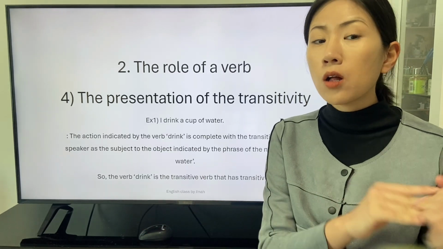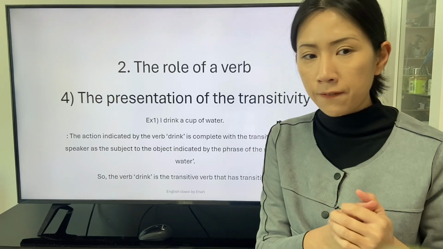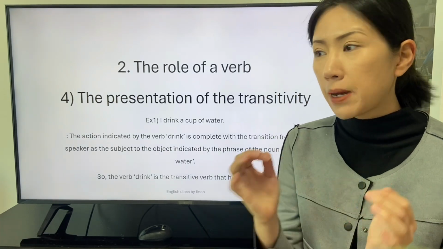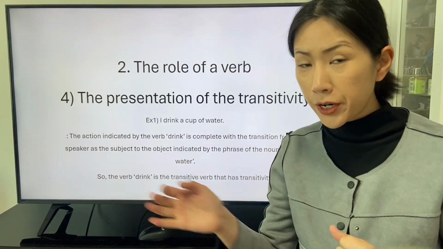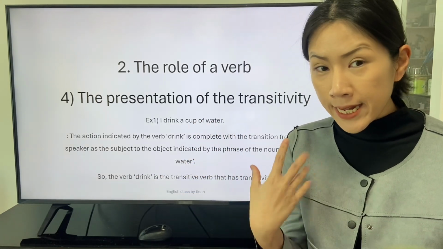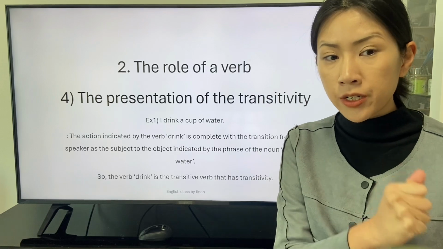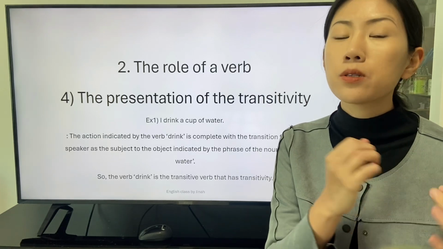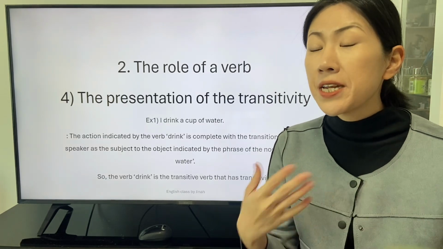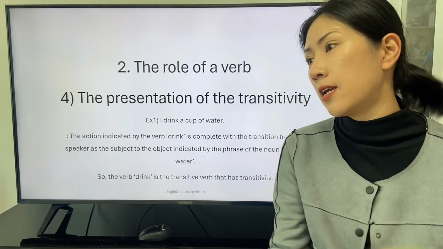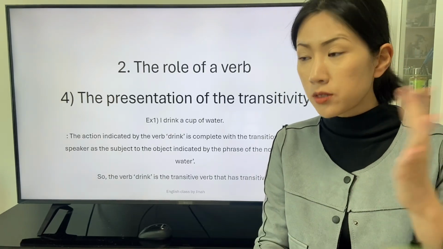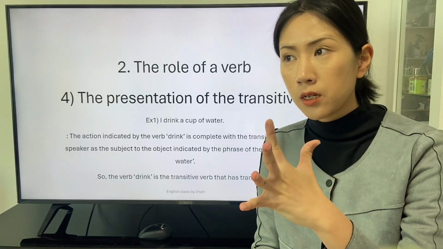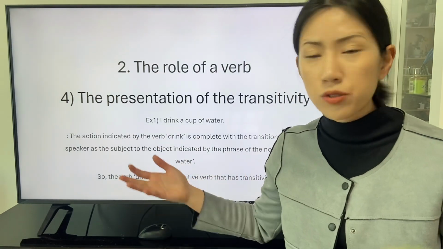Without the completion of the object indicated by the phrase of a noun, a cup of water, getting the definition of the verb drink, the definition of the verb drink is not finished. The interaction between the subject and the object goes on.